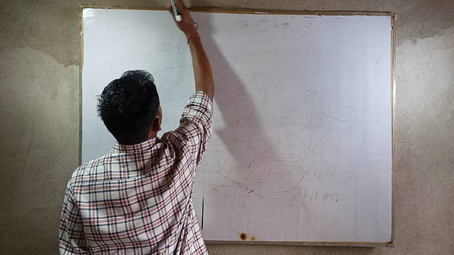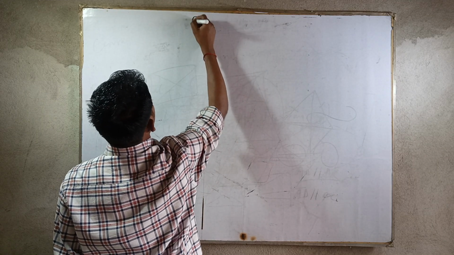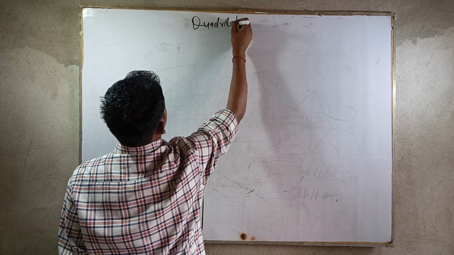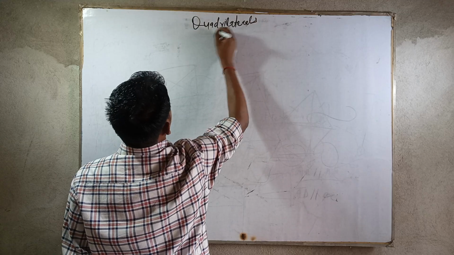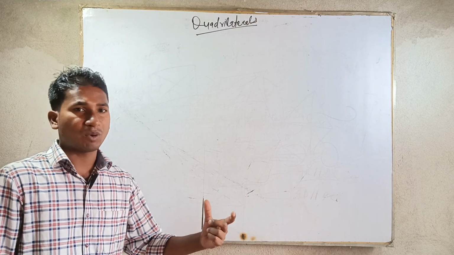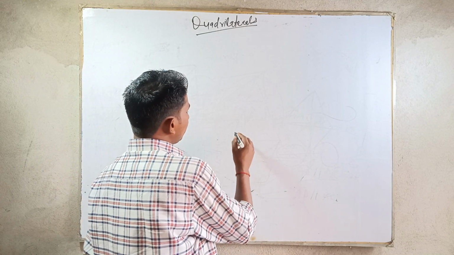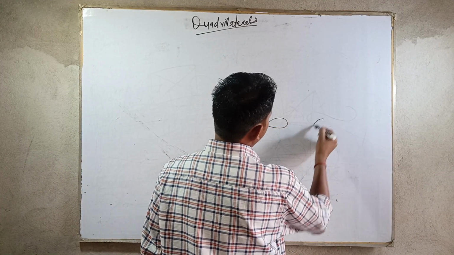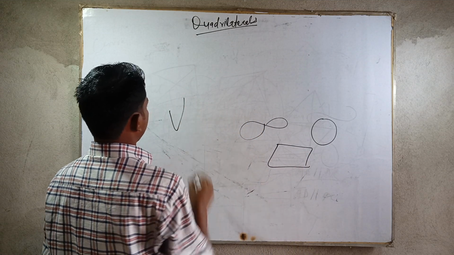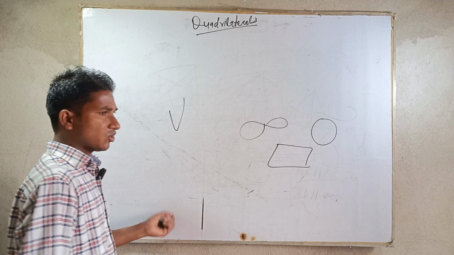First, I need to write about quadrilaterals. In quadrilaterals, first you should know a little about curves. When any figure is made, any form, these are curves. A curve which is open is an open curve, and one which is closed is a closed curve.